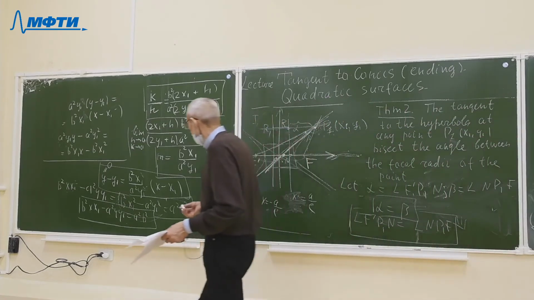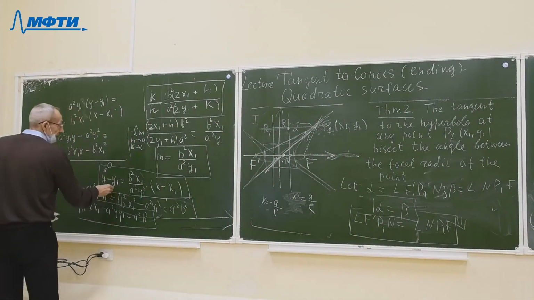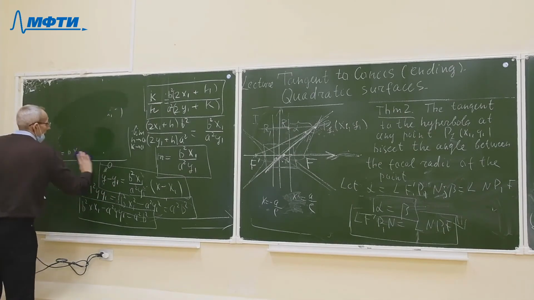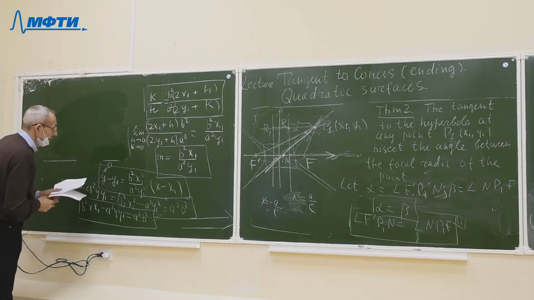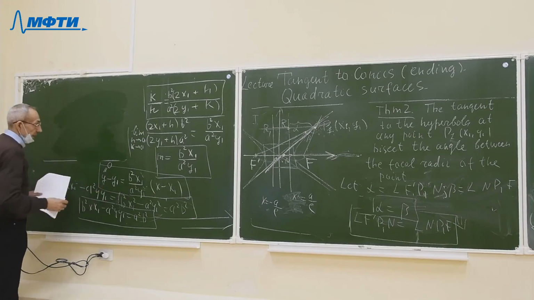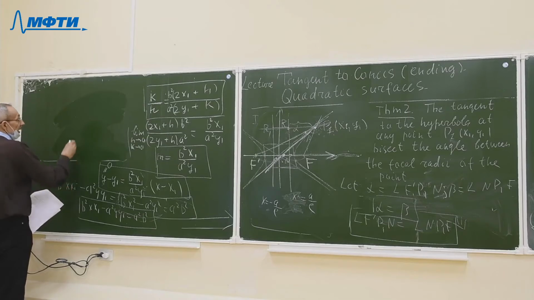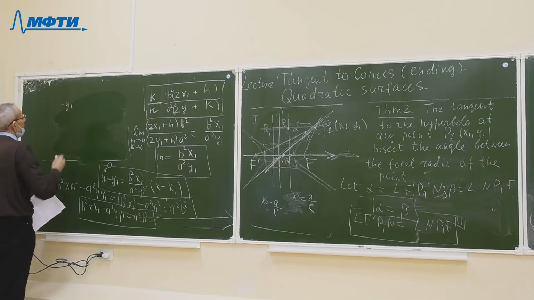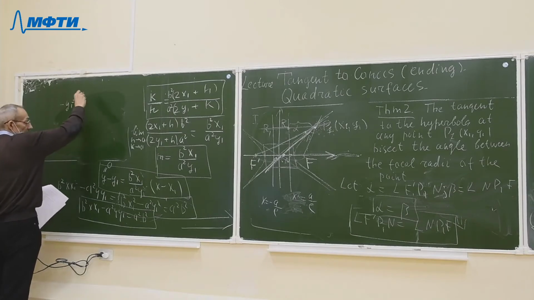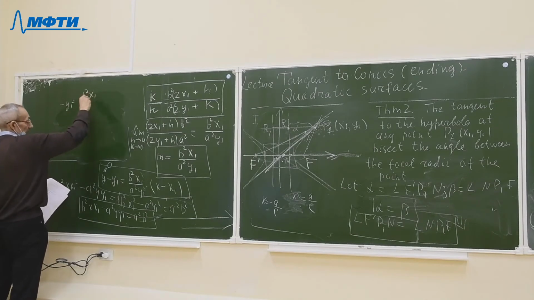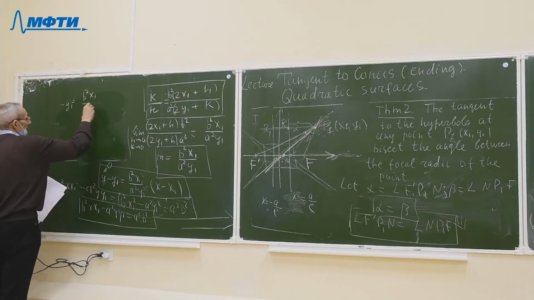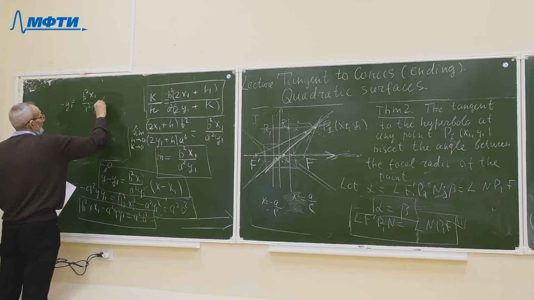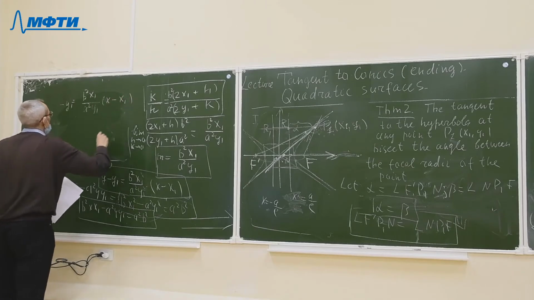And from this equation, we can deduce that this point x is defined by the equation minus y1 is equal to b square x1 over a square y1 times x minus x1.